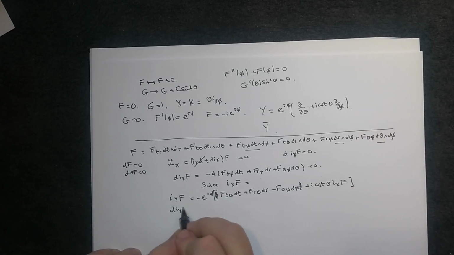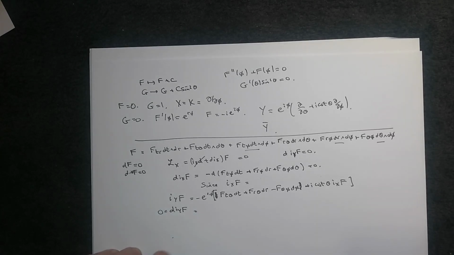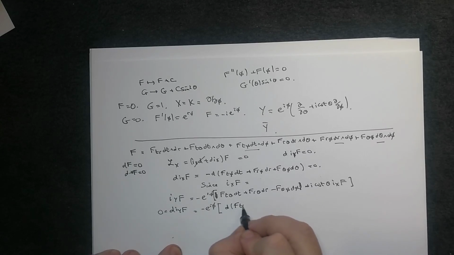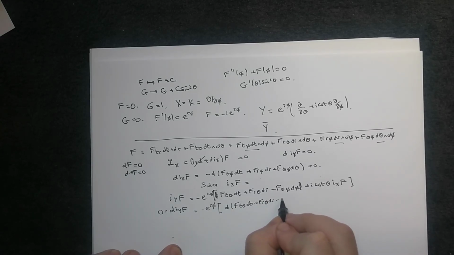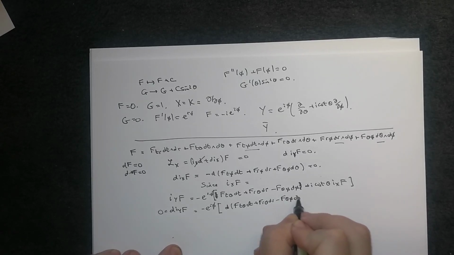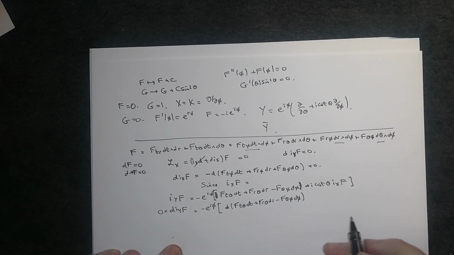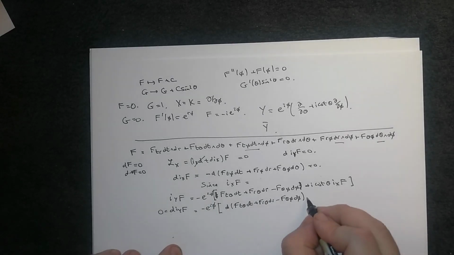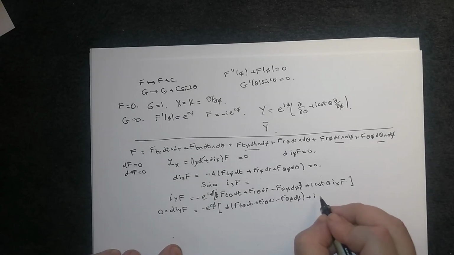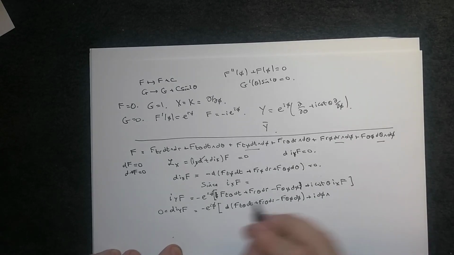So d i_y F, which we know is 0, here is e to the iφ. We're going to get d of this stuff here, we differentiate this term here, which gives me an extra i dφ wedge this stuff.